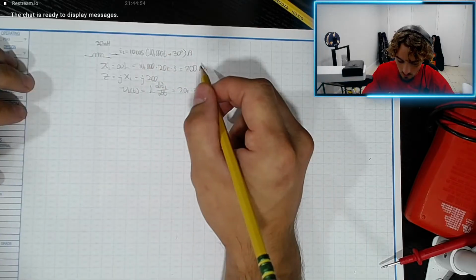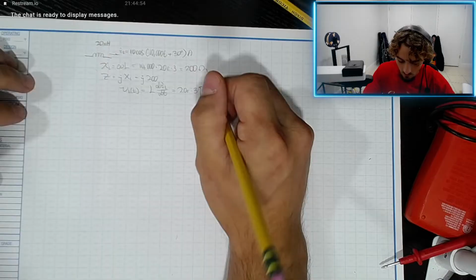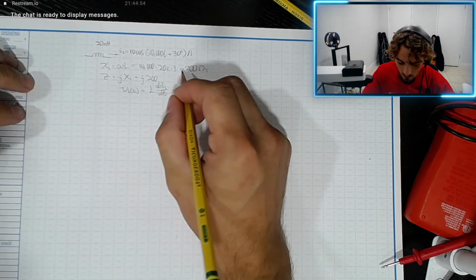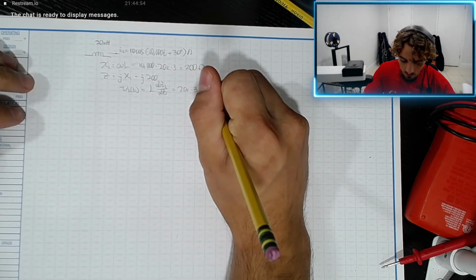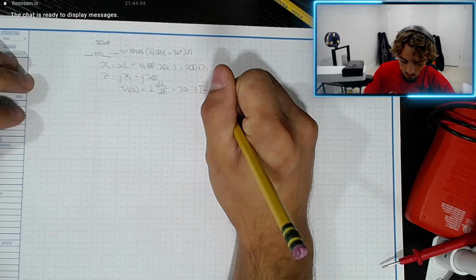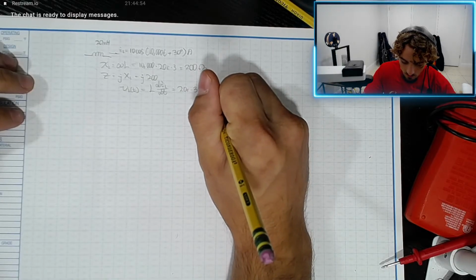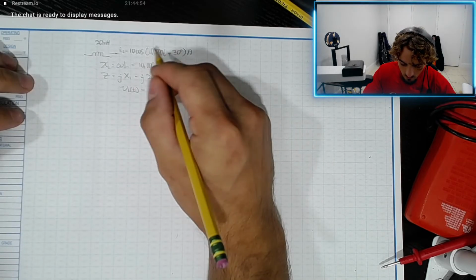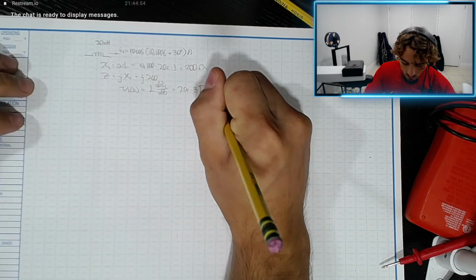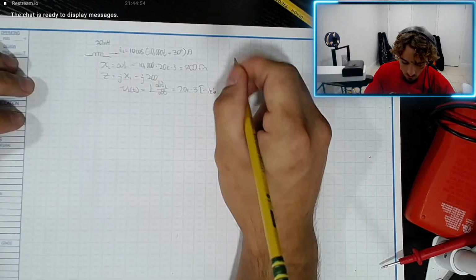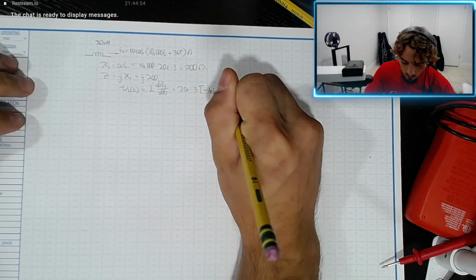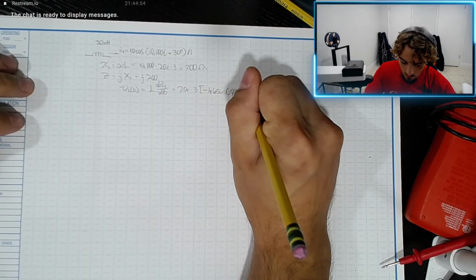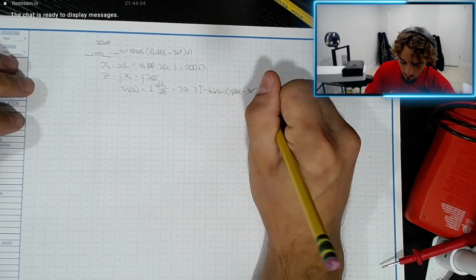10,000 times 10, cosine. The derivative of cosine is negative sine. 10,000t, 10,000 multiplied by 10, so 100,000, 1e6. Negative sine(10,000t plus 30 degrees) amps.